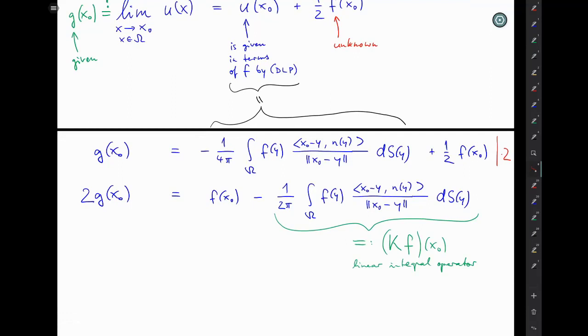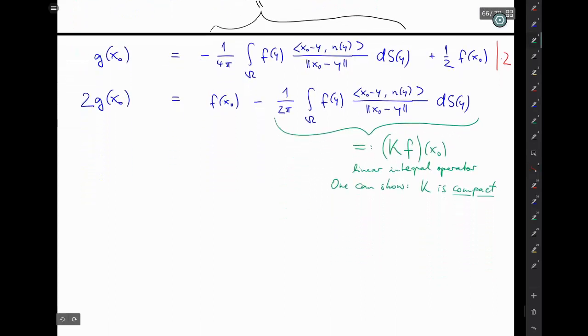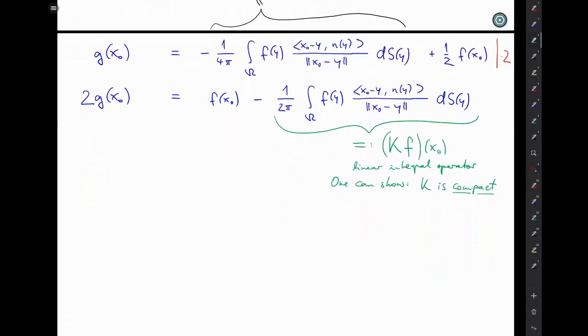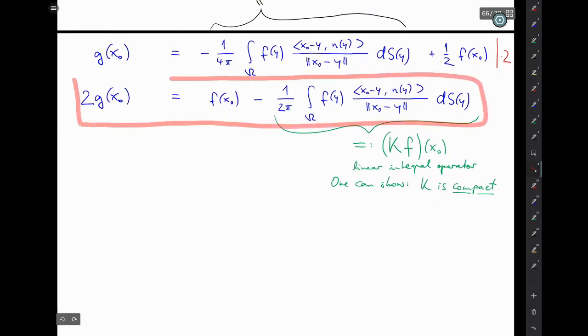And I guess one of the reasons why people like to call that operator K is because it turns out it's a compact operator. Okay, and with this notation of our integral operator K, we can rewrite in a nice and tidy way what this long equation is saying here.